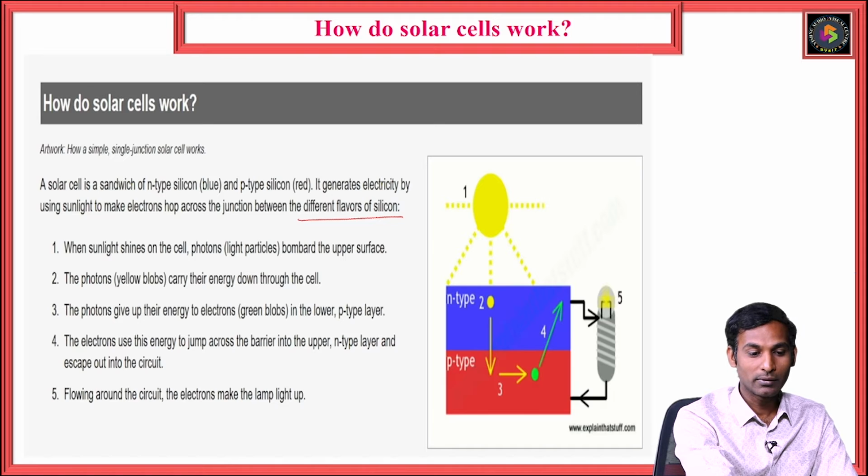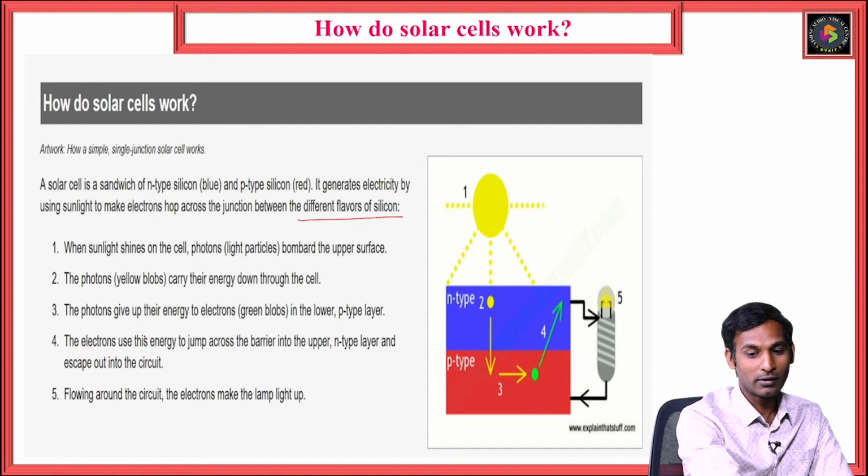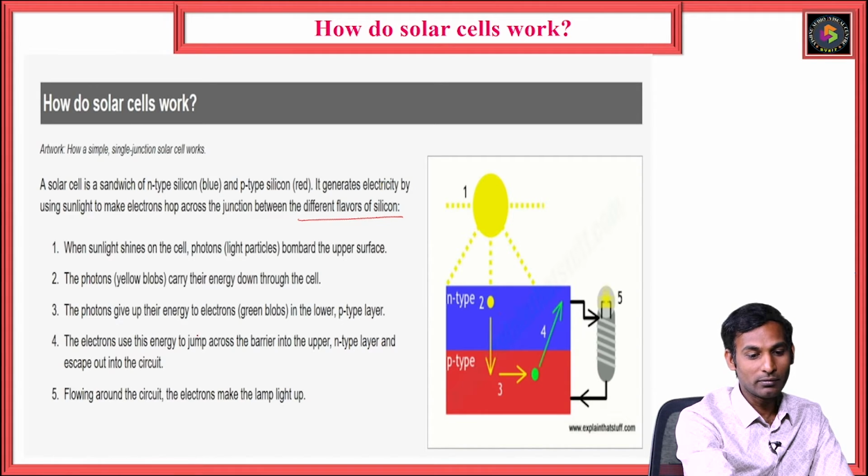The photons give their energy to the electrons. You can see here, these photons give their energy to the electrons, shown in green, in the lower cell, which is the p-type layer.